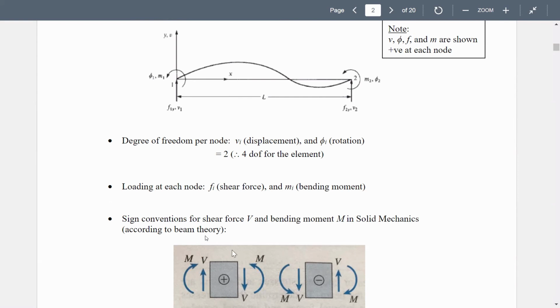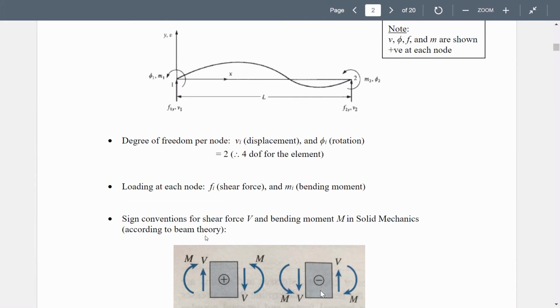Everything here, what you see, is positive. But in the opposite direction, everything here is negative. This V is positive downward, now upward positive. Moment counterclockwise, moment clockwise, similarly. So everything here is positive, everything here is negative.